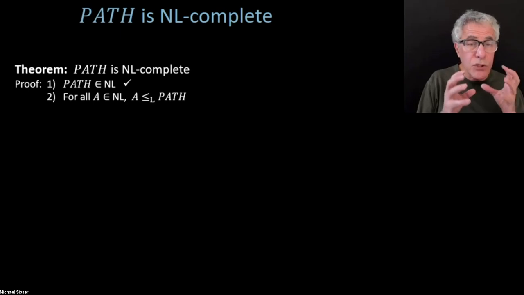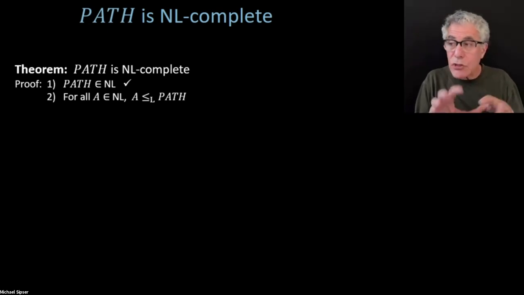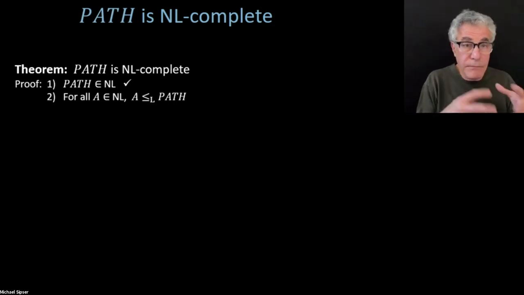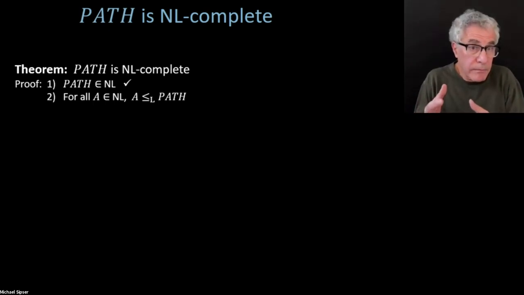Thinking back to our proof that NL is a subset of P, we managed to convert any NL machine and the running of any NL machine to a path problem that the polynomial time machine then solved.